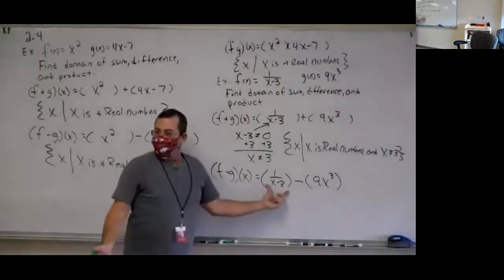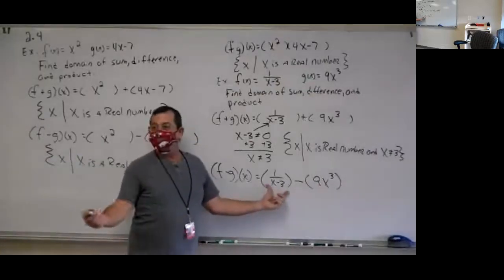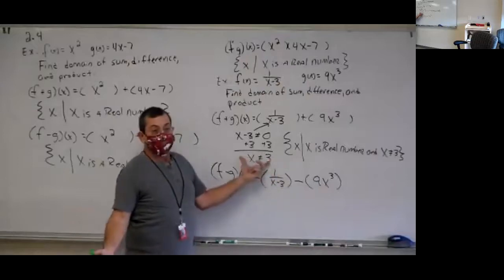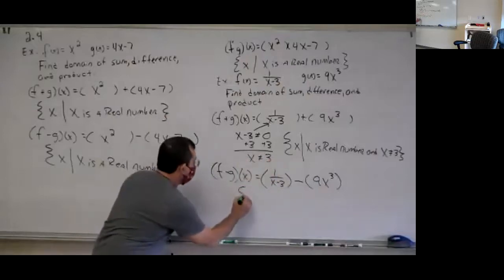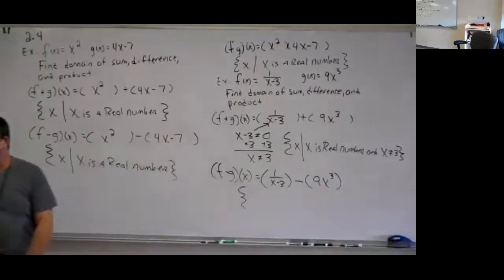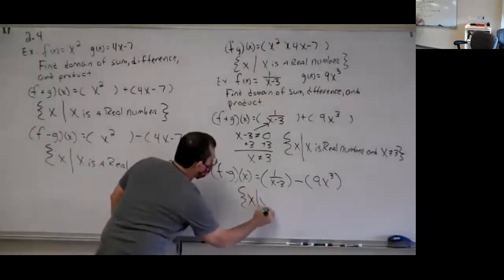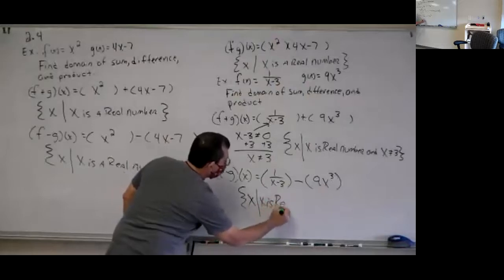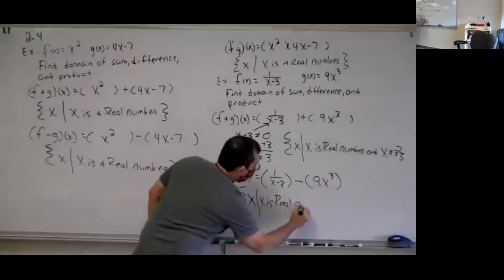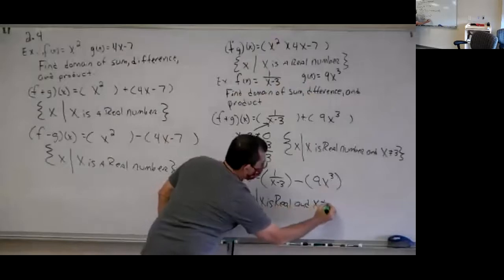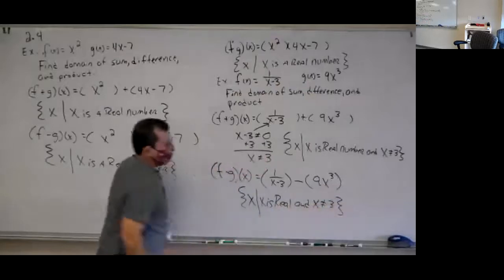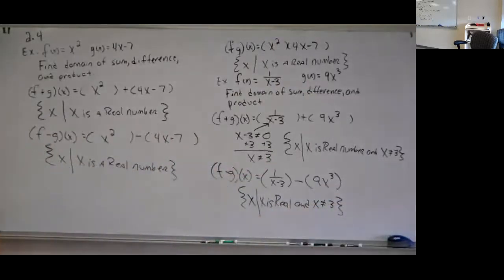And we know it's this fraction right here. So if I solve that bottom, I will still get the 3 out of that. So this domain is going to match my addition, right? So x such that x is real and x is not equal to 3.